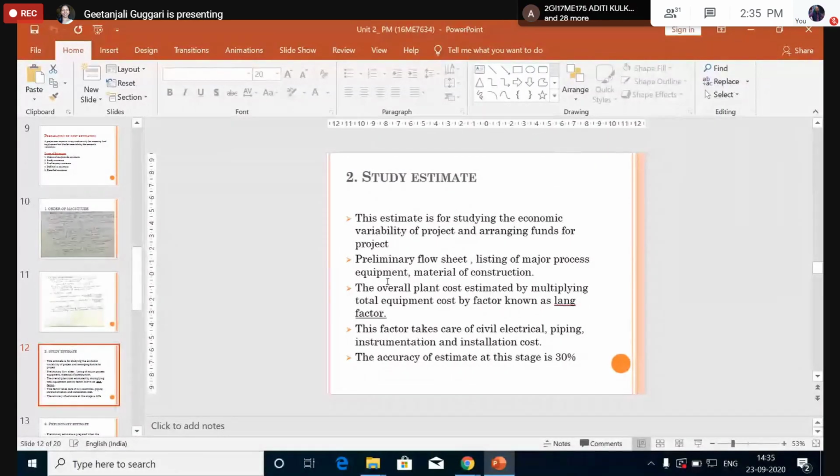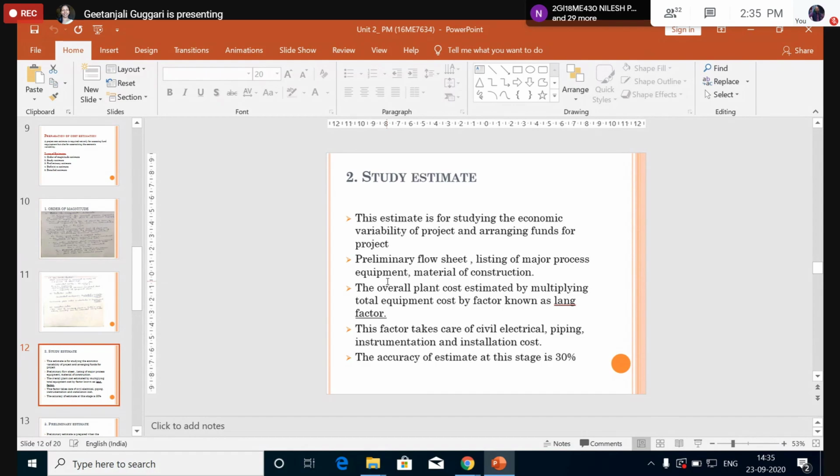So the second method of cost estimation is study estimation. This study estimation is done to find out the economic viability of the project and at the same time to arrange the funds for the project.